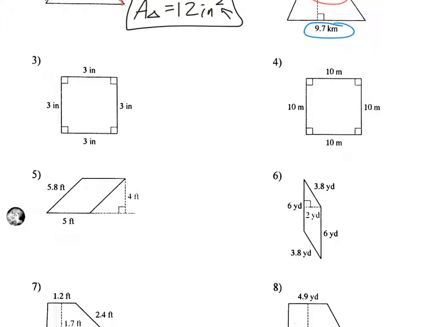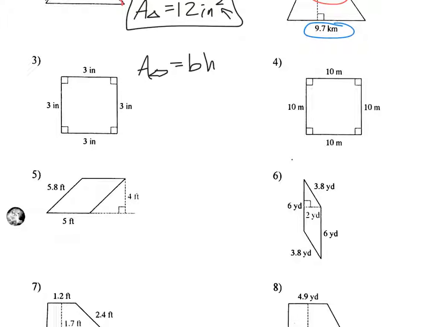But area of a parallelogram, so whether it's area of a square or a rectangle or just a parallelogram or a rhombus, all those are the same thing. Area is base times height. Sometimes you might hear length times width, but we're going to use base times height because it's more beneficial to you when you're looking at it in terms of an actual parallelogram that's not a square or rectangle.